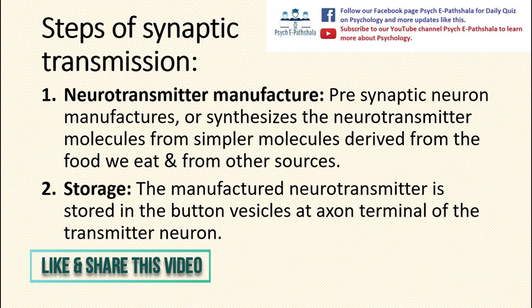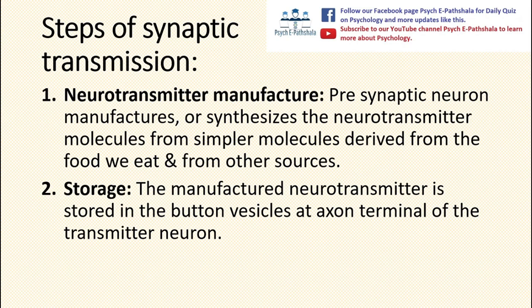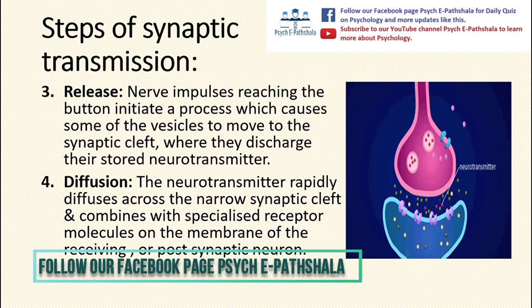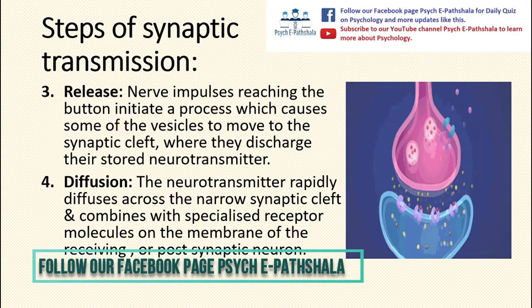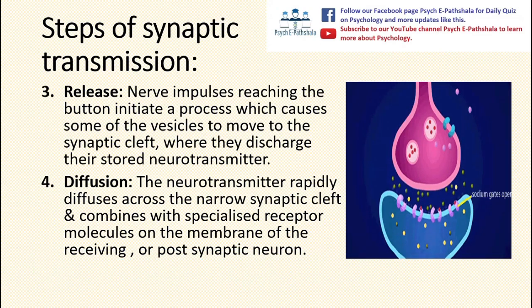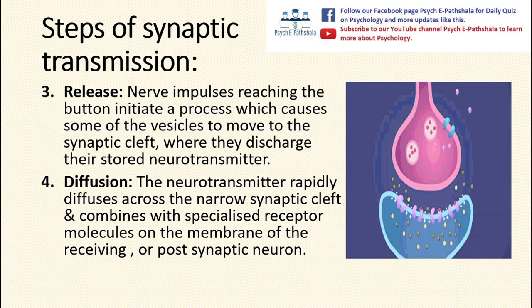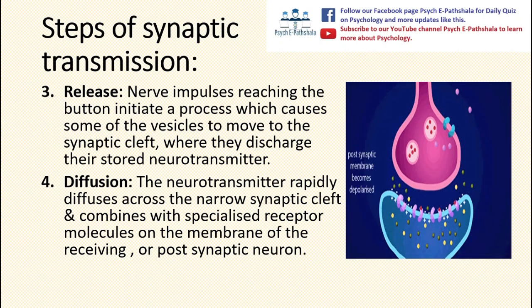The next step is storage. The manufactured neurotransmitter is stored in the button vesicles at the axon terminal of the transmitter neuron or the presynaptic neuron. The next step is release. Nerve impulses reaching the button initiate a process which causes some of the vesicles to move to the synaptic cleft, where they discharge their stored neurotransmitter.